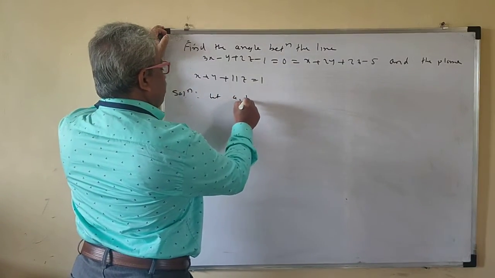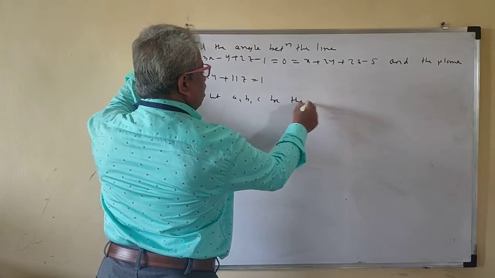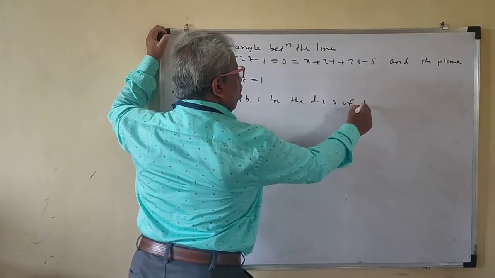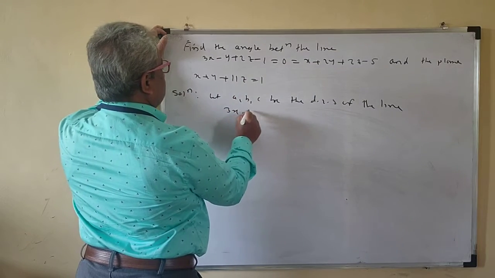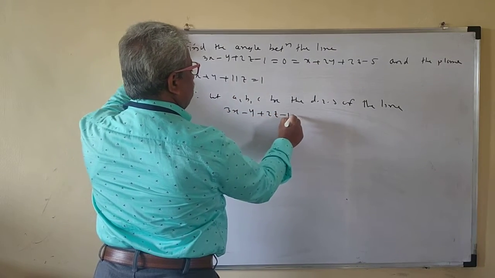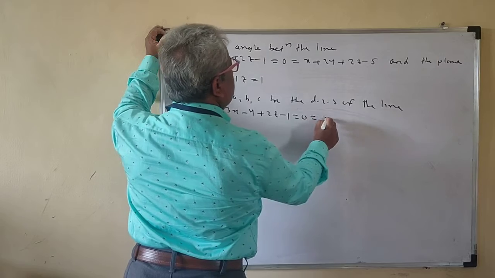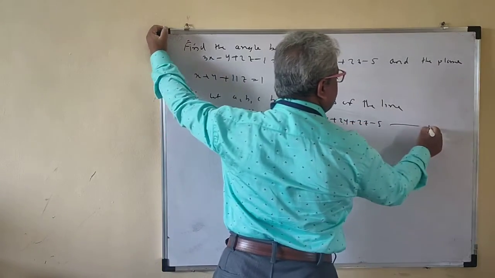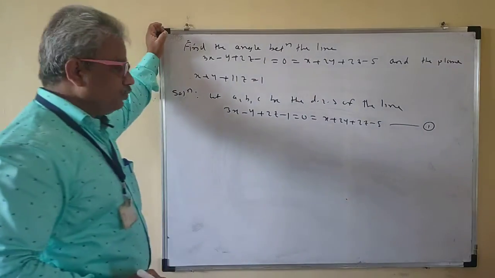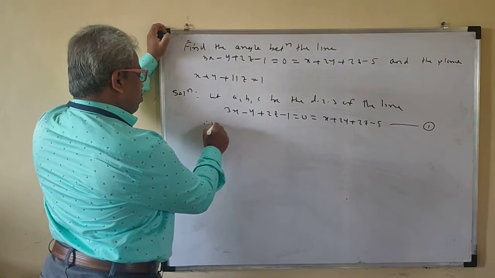Let a, b, c be the DRs of the line. The line 3x minus y plus 2z minus 1 is equal to 0, which is equal to x plus 2y plus 2z minus 5. I will call this line 1.